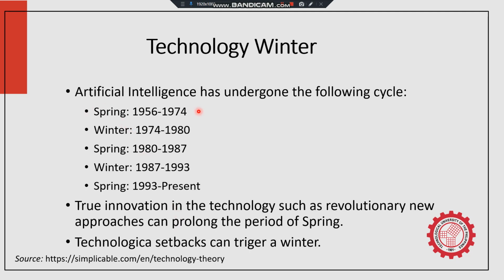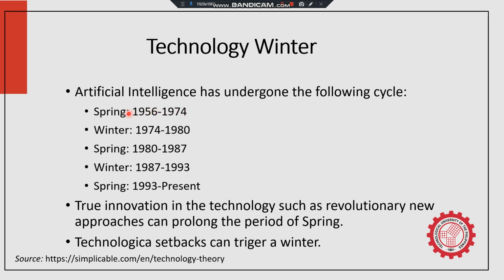So, artificial intelligence has undergone the following cycle. Sometime in 1956 to 1974, it had a spring. So there was much investment to develop the technology. There were lots of improvements.